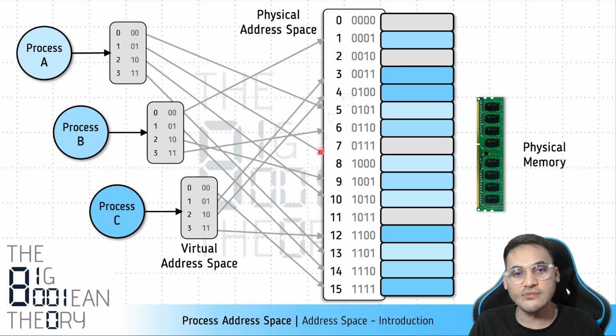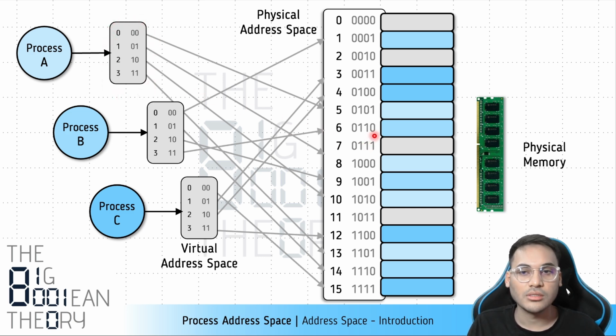And since the physical address space is forbidden for the process, the operating system has arranged a mechanism so that these virtual addresses are mapped to the physical addresses. In order to access the physical memory, the processes will use these addresses to access the data.